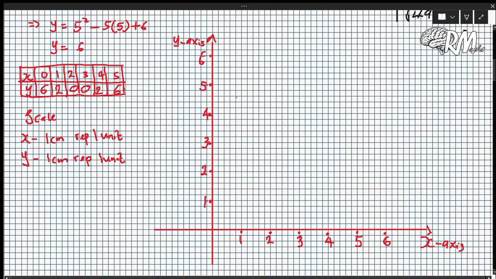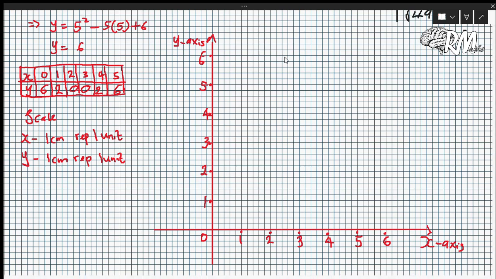Now from the table of x and y, when x is 0, remember this is the 0 region for both x and y. So it says when x is 0, y is what? It is 6. So if this is the region for x being 0 and y is 6, it is to be here. Let me use another color to make it better.